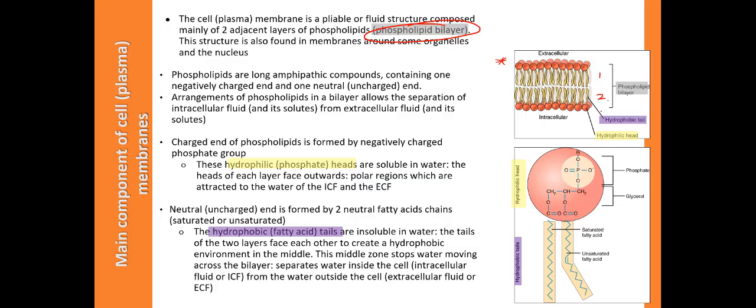With the phospholipid, we know from last lecture that it's composed of a phosphate group that is hydrophilic, and it's got two fatty acid tails that are hydrophobic. So the structure of this compound has a hydrophilic or water-loving part and a hydrophobic or water-hating part.